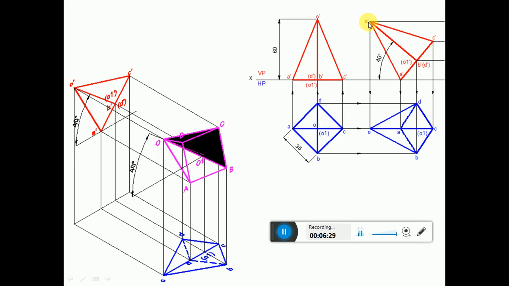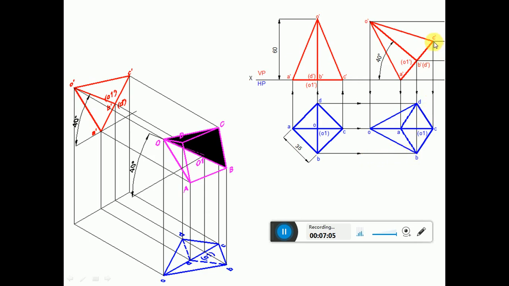So now we have to draw the top view. Since we have to draw the top view, draw a vertical projector from O dash and draw a horizontal projector from O to get this point O, and draw a vertical projector from A dash and a horizontal projector from A to get this point A. Draw a vertical projector from B dash, D dash and O1 dash, and draw a horizontal projector from D to get this point D, and a horizontal projector from O1 to get this point O1, and similarly draw a horizontal projector from B to get this point B here.